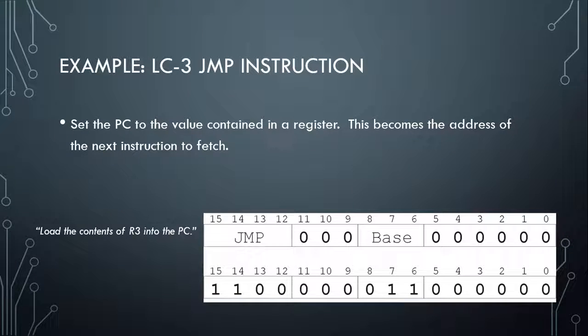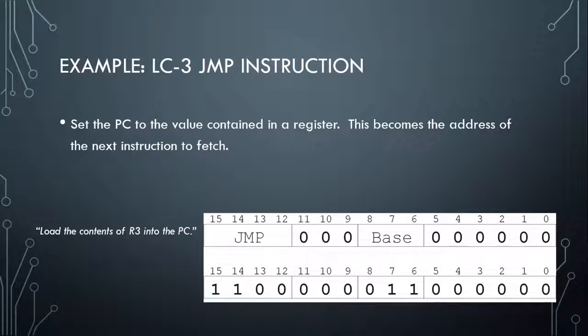This is going to set the program counter to the value contained in the register. This becomes the address of the next instruction to fetch. So rather than going 0, 1, 2, 3, 4, 5 with my program counter, if I want to say after I hit 2, I want to jump to 5, I can use this command and jump from 2 to 5, depending upon whatever value is stored in that register.